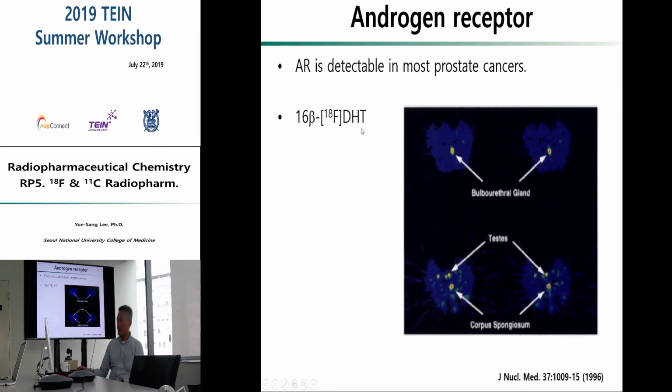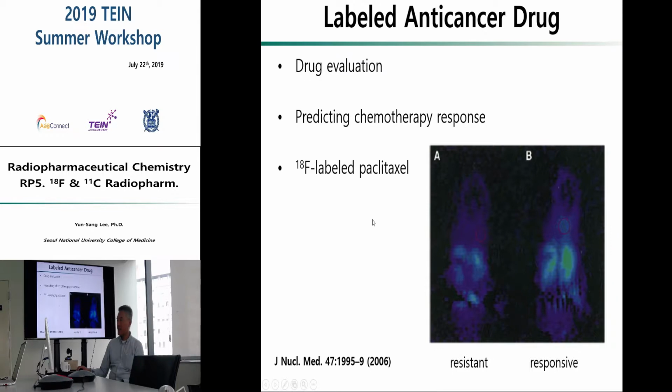And DHT is used as androgen receptor imaging. Sometimes paclitaxel can be labeled with F18, and you can differentiate the resistant or responder with direct labeling of the anti-cancer agent.